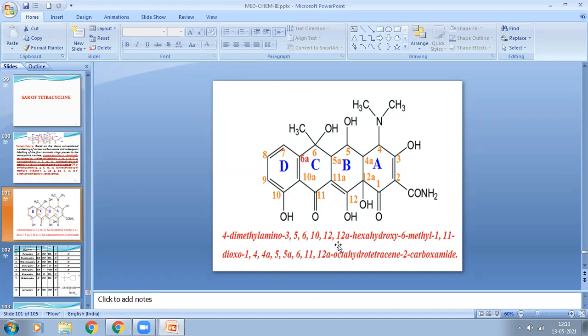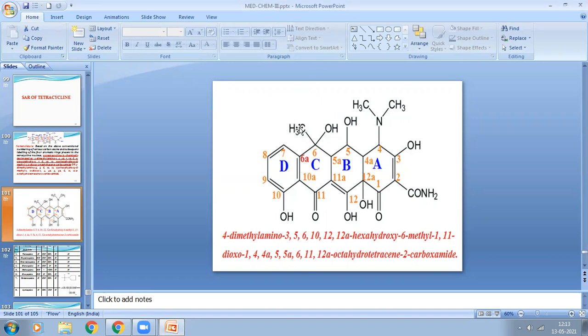12a-hexahydroxy. Hexa means 6. In the 6 positions, hydroxyl groups are there: 1, 2, 3, 4, 5, 6. In these 6 positions, hydroxyl groups are present. That's why it is called hexahydroxy. Now again in the 6th position, a methyl group is there.